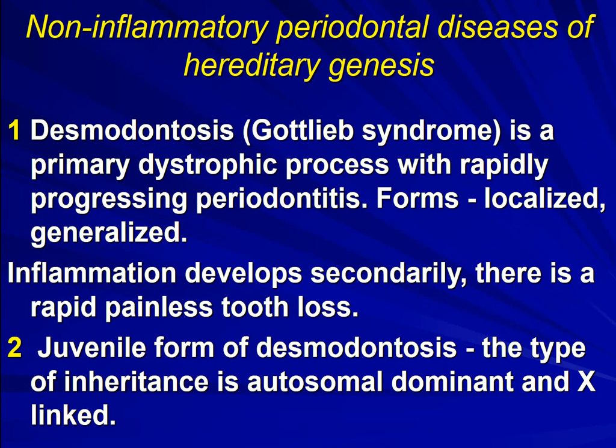Inflammation develops secondarily. There is rapid painless tooth loss. Juvenile form of desmodontosis: the type of inheritance is autosomal dominant and X-linked.